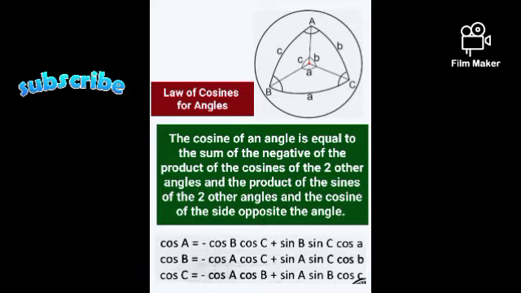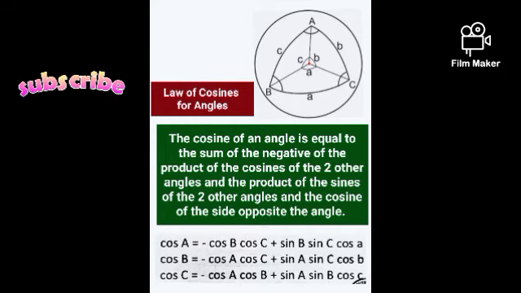For angle capital C, the two other angles are angles capital A and capital B, and the side opposite angle capital C is the side small letter c.